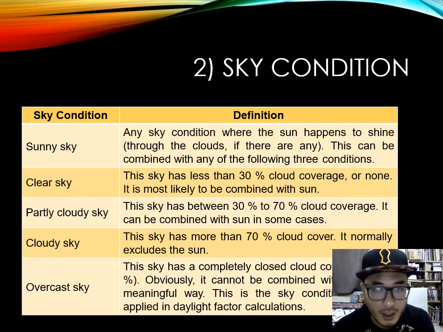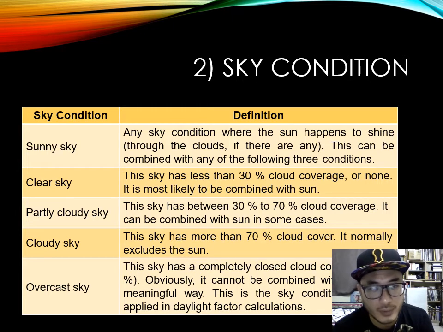If there are any, this can be combined with any of the following 3 conditions. Number 1, clear sky. This sky has less than 30% of cloud coverage or none. It is likely to be combined with the sun.